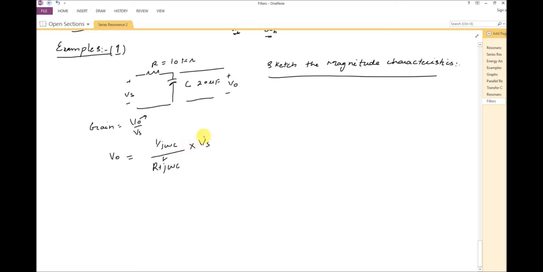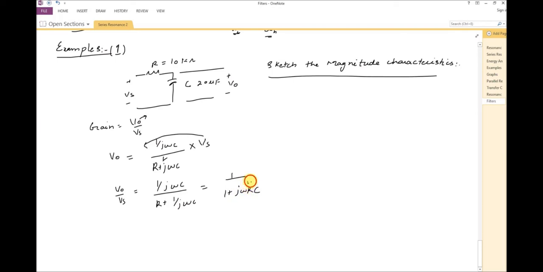So I will take this Vs to the other side of the equality. So V0 over Vs is equal to (1 over j omega C) over (R plus 1 over j omega C), and after solving it will become 1 over 1 plus j omega RC.